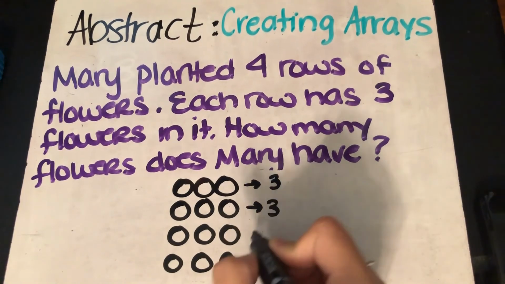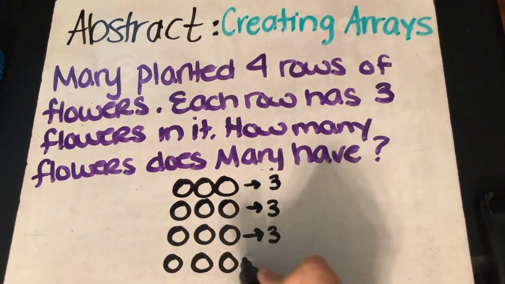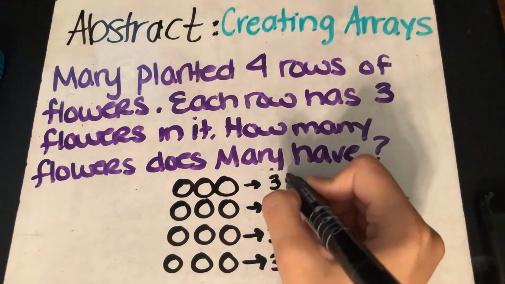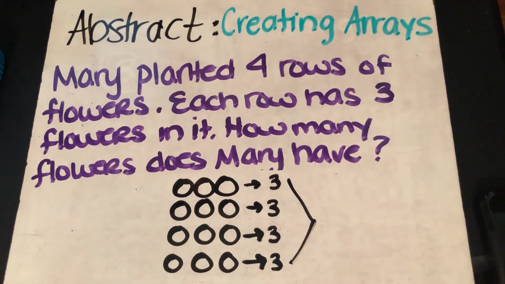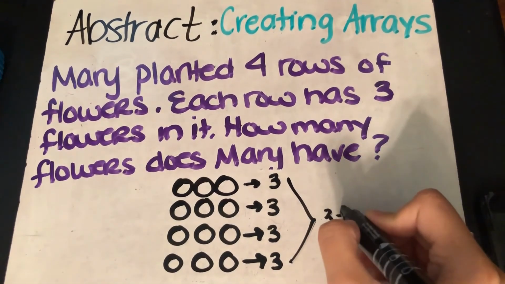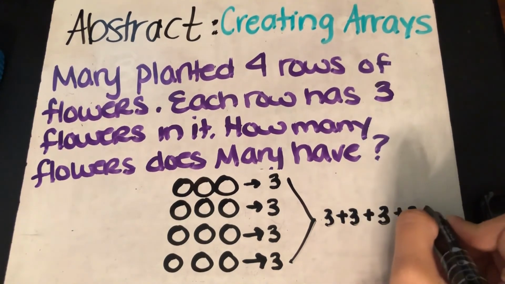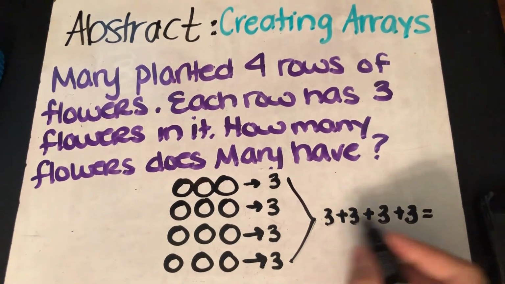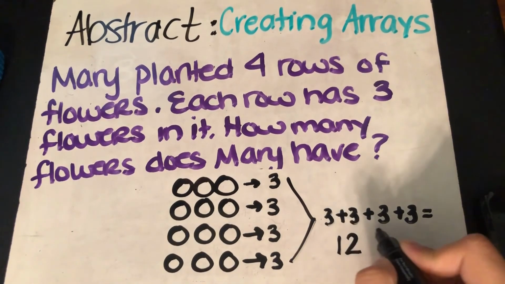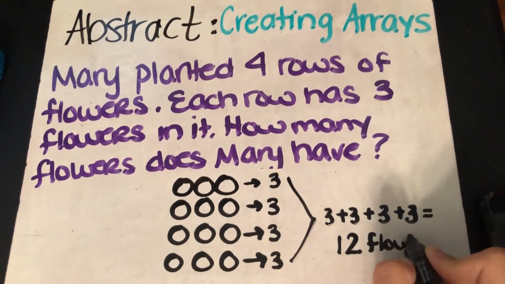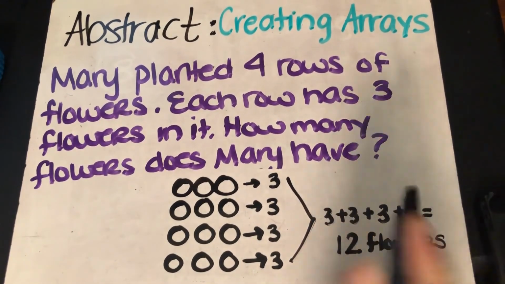So 3, 3, 3, 3. So our repeated addition sentence looks like 3 plus 3 plus 3 plus 3. So we know earlier from there we have 12 flowers.